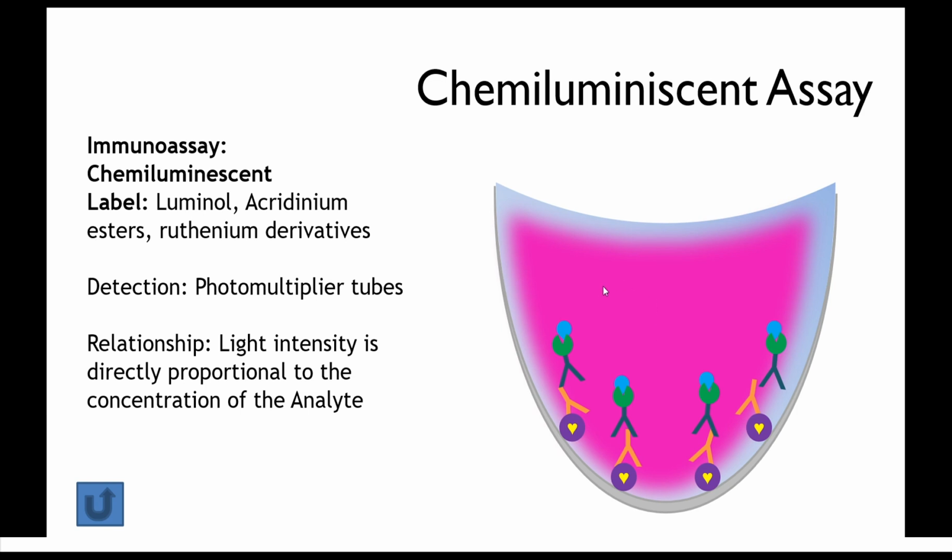And that light will be detected by the machine. So, the more intense the light, the higher the concentration of antibody present in the serum of the patient. So, kung walang light na na-produce, meaning negative for the antibody.